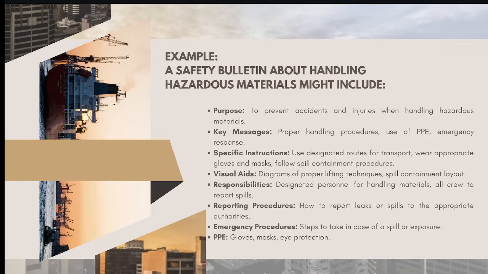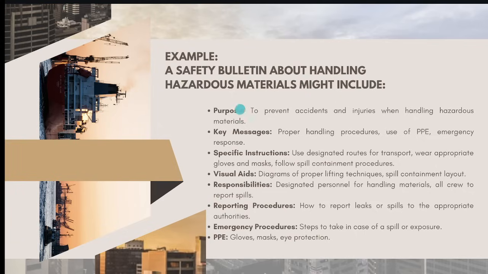We can also find some emergency procedures, so there will be the steps to take in case of a spill or exposure. And as well is the PPE: gloves, mask, and eye protection. This is only an example of a safety bulletin about handling hazardous materials.